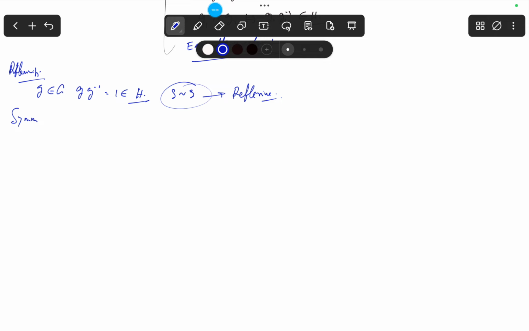Alright, now since it is reflexive, you can now check the symmetricity.